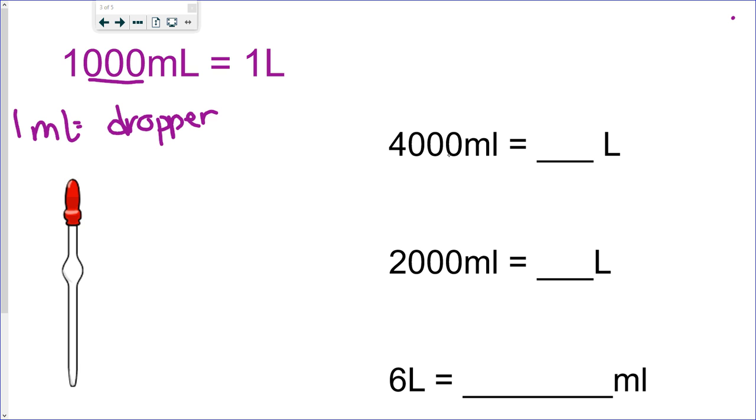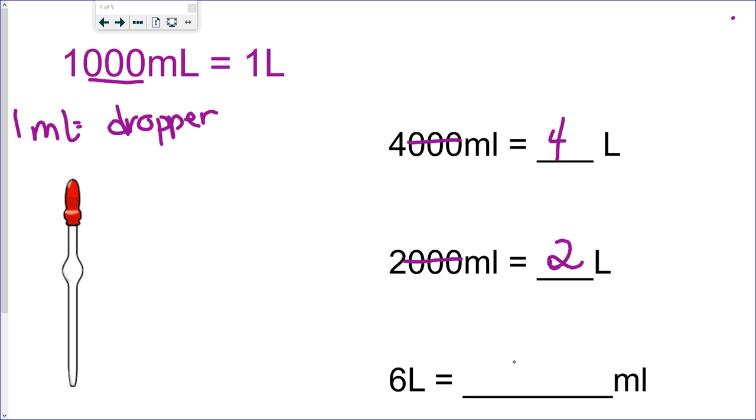So if I look at this, I'm going to take off those 3 zeros, and I would get a 4 here. So we have 4 liters equals 4,000 milliliters. Same thing here. 2,000 milliliters, I take off my 3 zeros, and I get 2 liters.